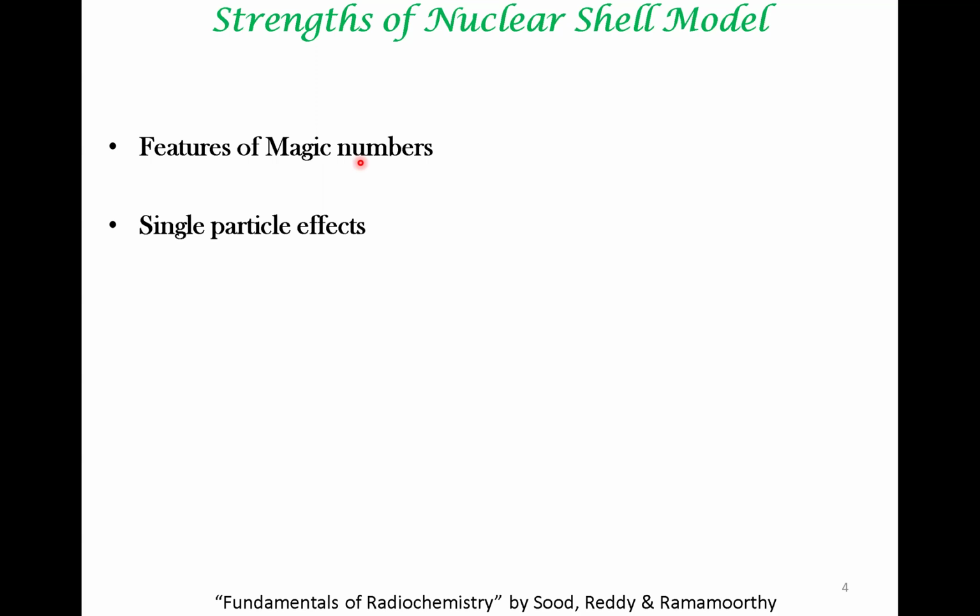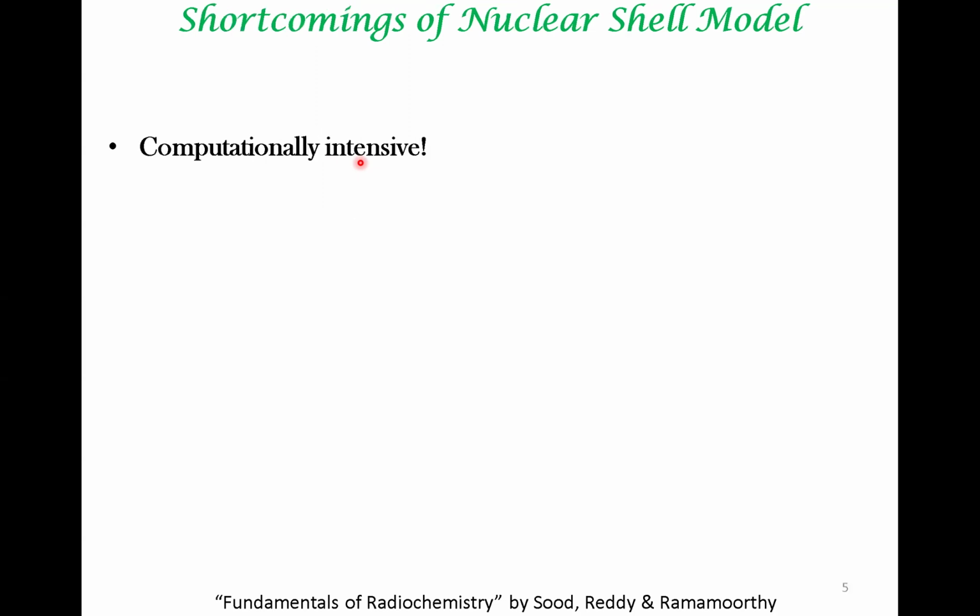When you try to improve the nuclear shell model, it is like what you see in electronic structure. In electronic structure, the general features were obtained from a shell model, but when you want to quantify that, it becomes very, very computationally intensive.